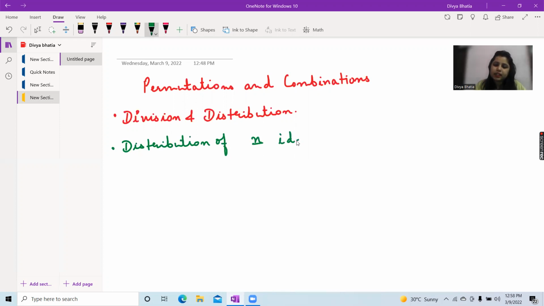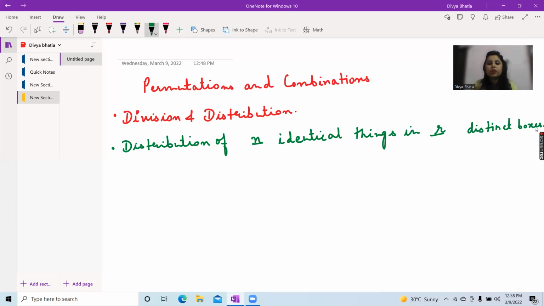Remember, the things that we are trying to distribute in the boxes are identical things. That means in this case, the number of things in a box matters and not the things themselves, because all the things are identical. And identical things in distinct boxes.